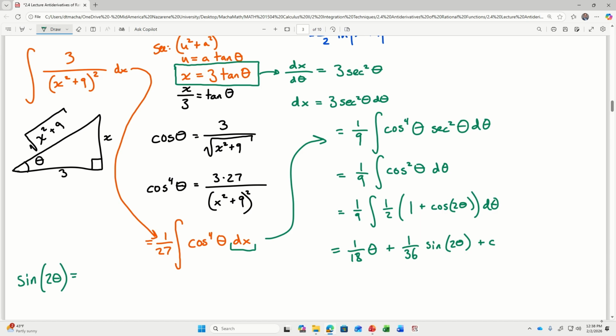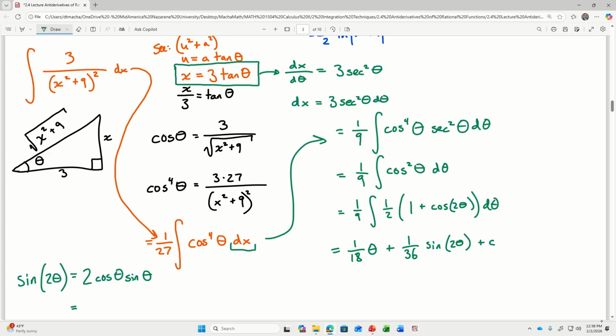Sine of 2 theta equals... yeah, you got it. The double angle identity for sine is that sine of 2 theta is equal to 2 times cosine theta times sine theta.